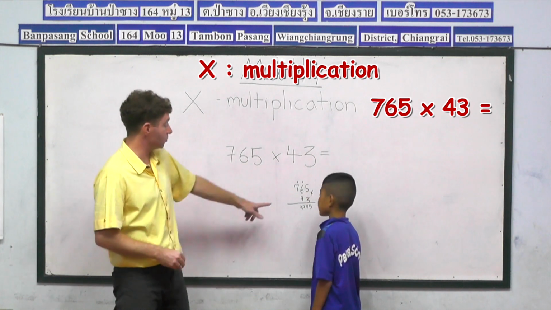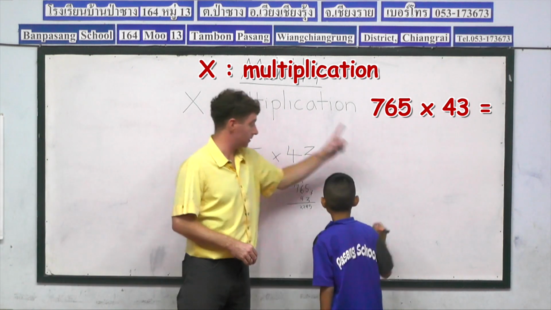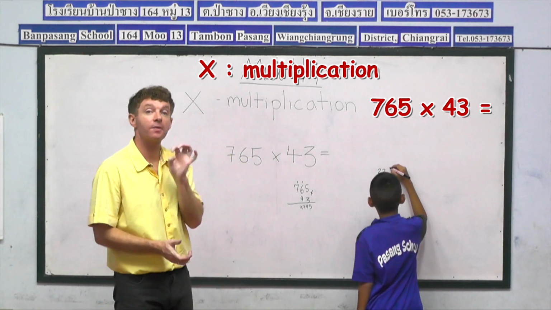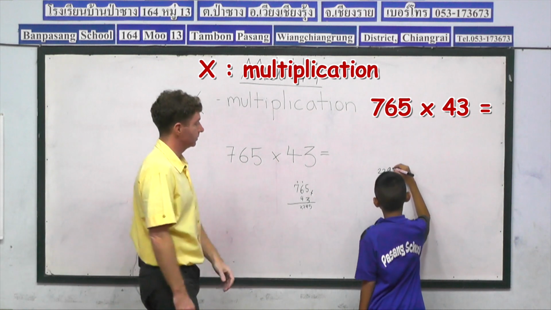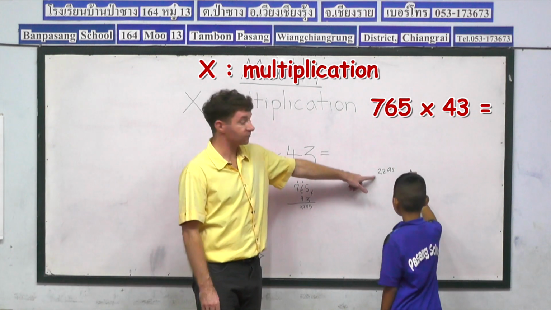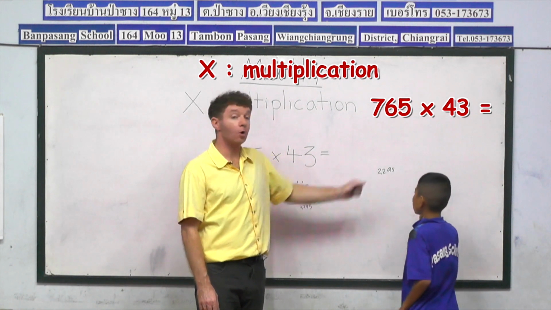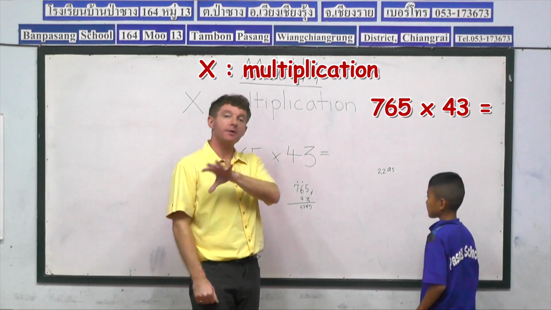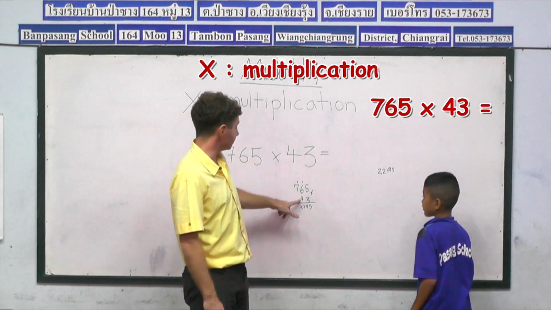So now, Bangpon, we can write this answer over here because we have our answer to the first problem, multiplication by ones. 2,295. But now we need to multiply by the tens.